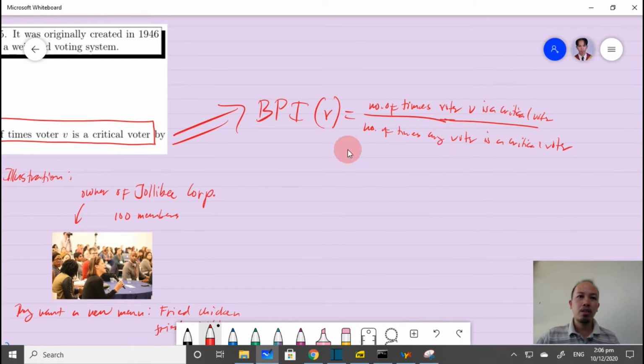The V here is your voter V1, V2, V3, and V4, or the A, B, C, D, if you denote the voter V1 as A.